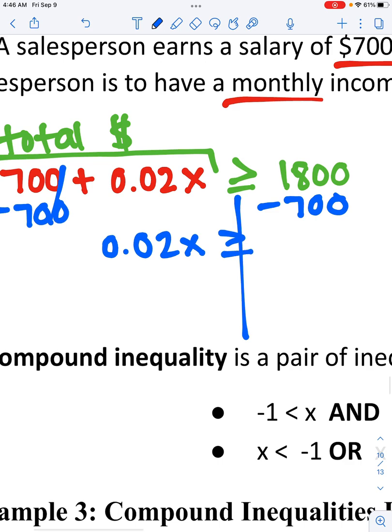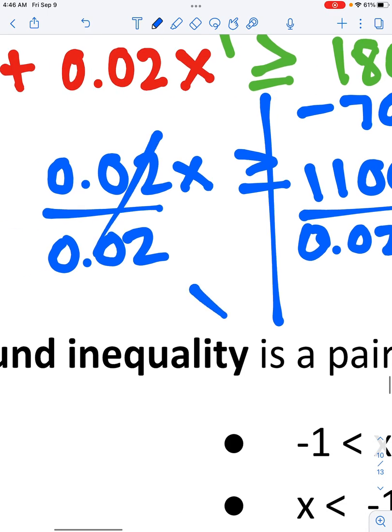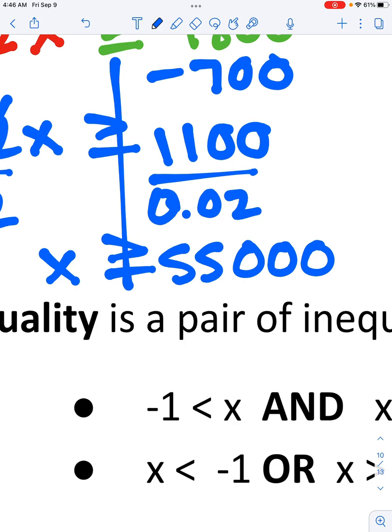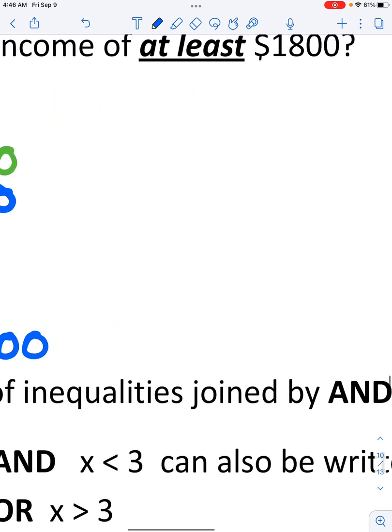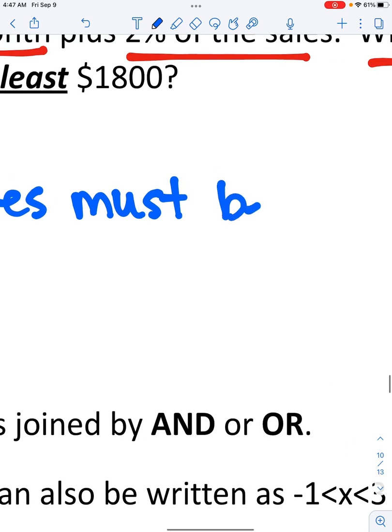And then 1,100. And then divide. So we get 55,000.